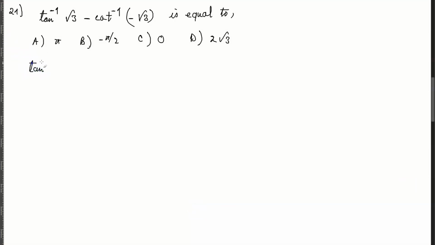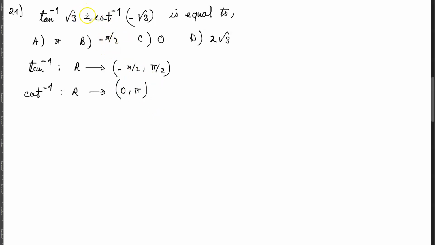You know that the tan inverse function is a function that goes from R to the range negative pi by 2 to pi by 2, and the cot inverse function is a function whose domain is R and whose range is 0 to pi, right?